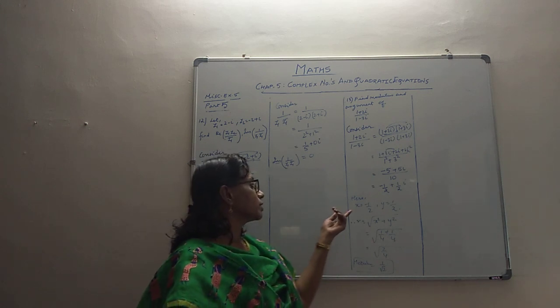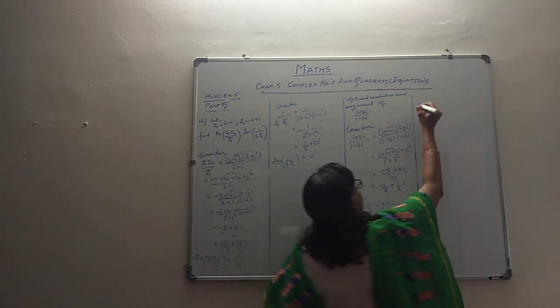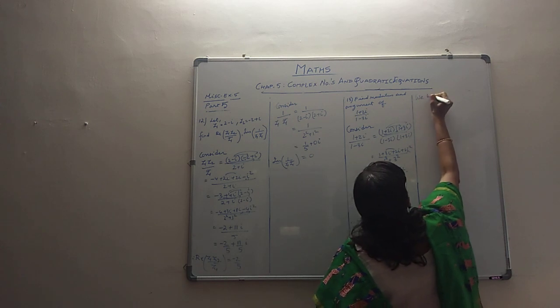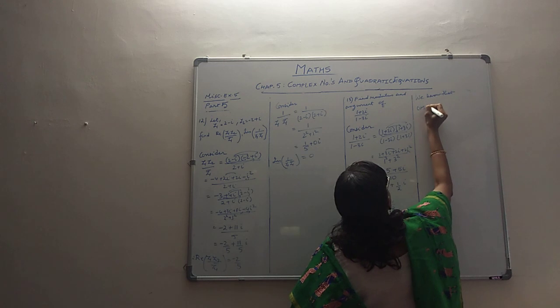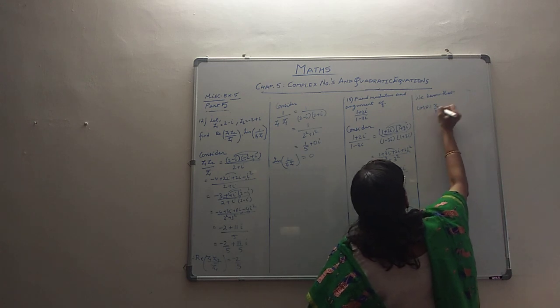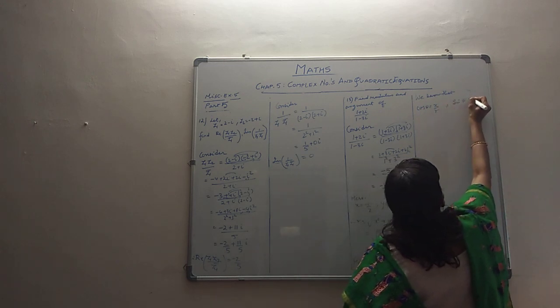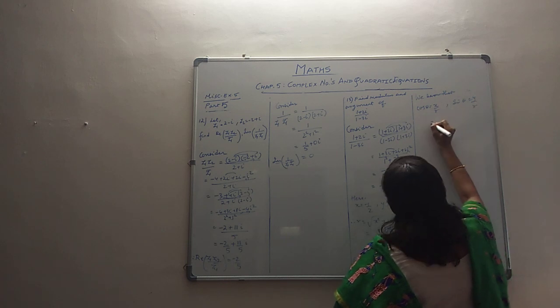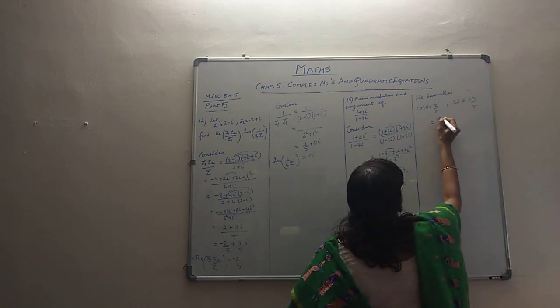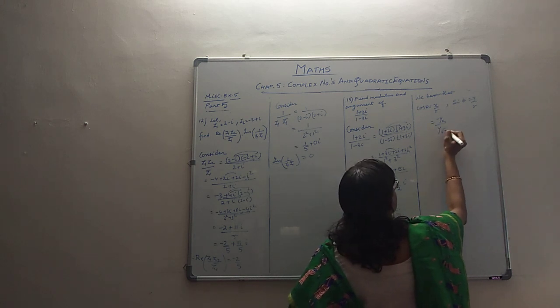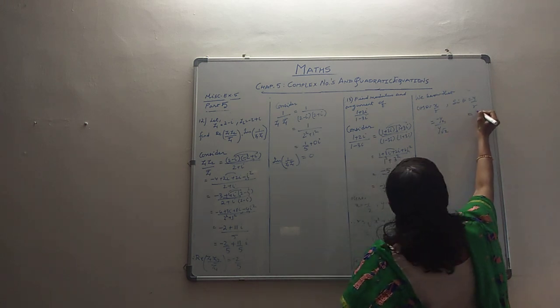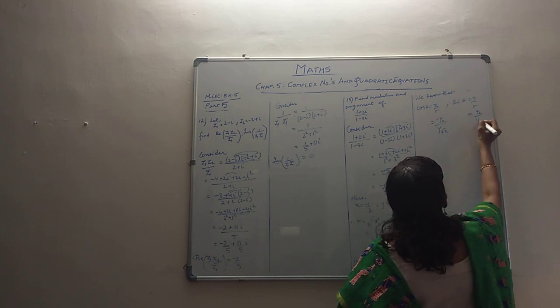For that we require one more thing. We know that cos theta is x by r, sin theta is y by r. How about cos? It's minus half by 1 by root 2, and sin is positive half by 1 by root 2.